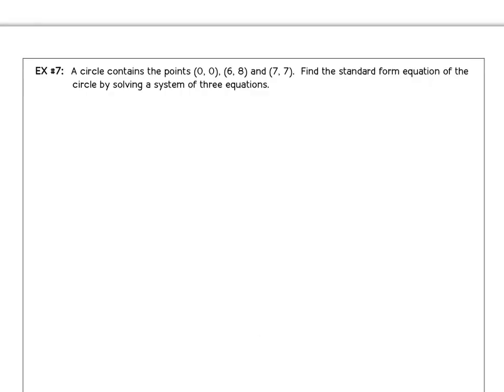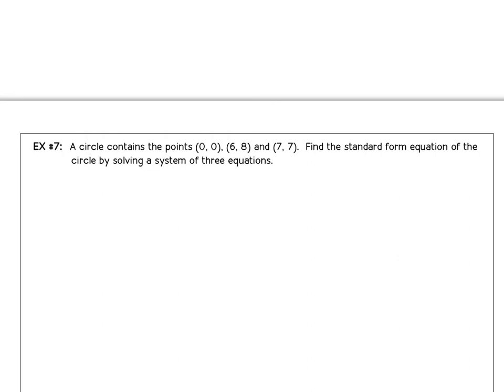Okay, example 7 is a challenging one. It says the circle contains these 3 points. Find the standard form of the circle by solving a system of 3 equations. So we know that for the standard form of the equation, we have x minus h squared plus y minus k squared equal to r squared.